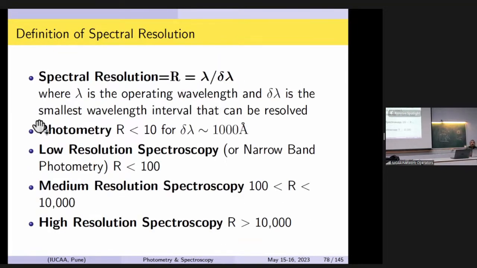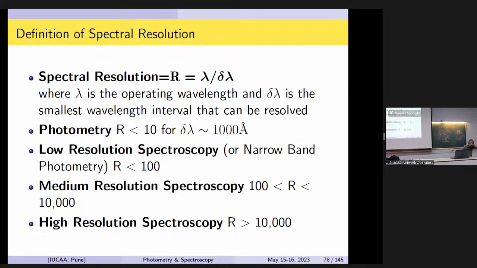And usually when you are doing photometry, which we were talking about till now, this R is less than 10. You can see from the example that in the case of photometry, the 1000 angstrom was the bandwidth and the central wavelength was whatever. So R is less than 10.